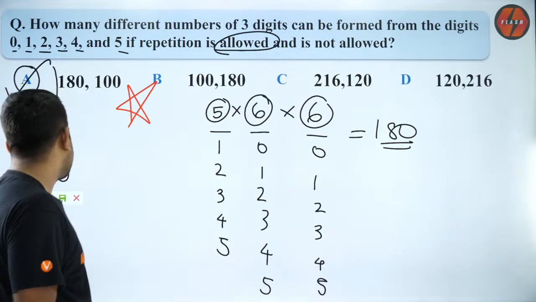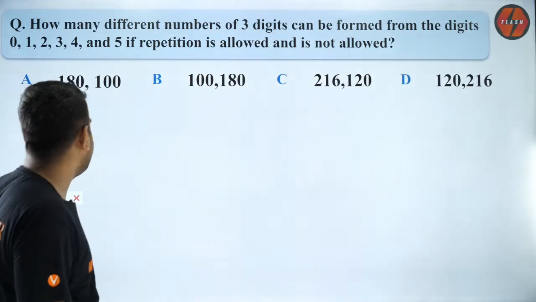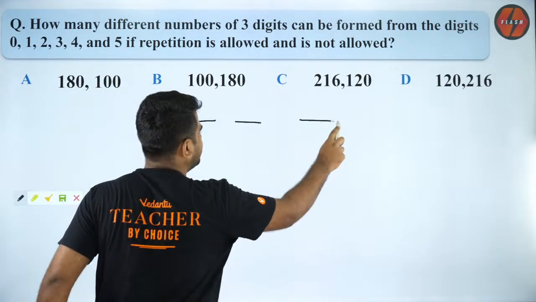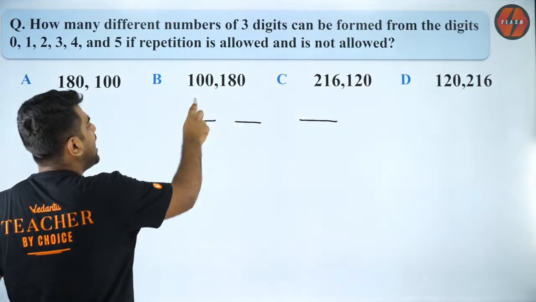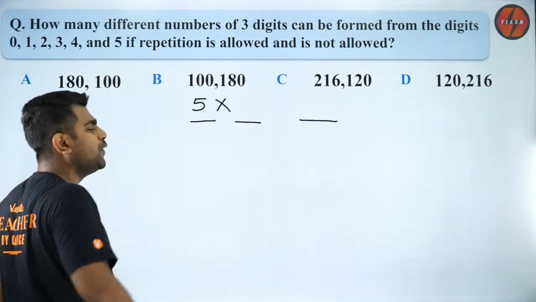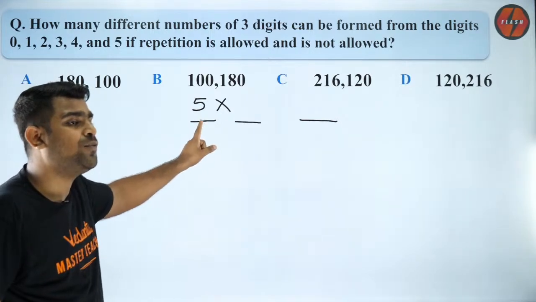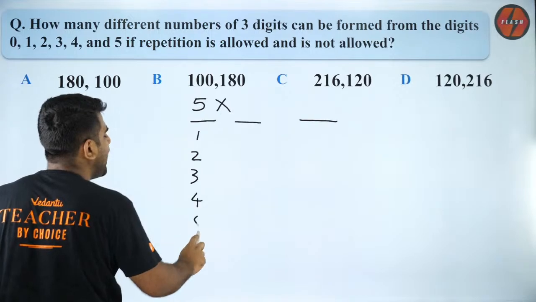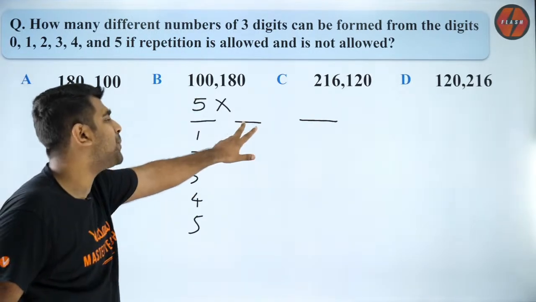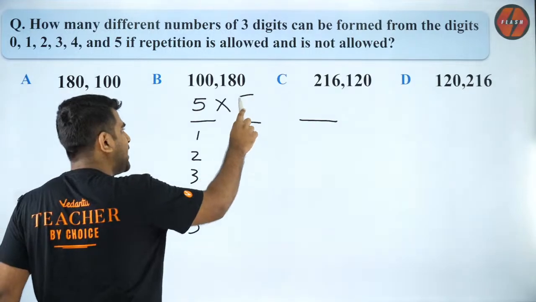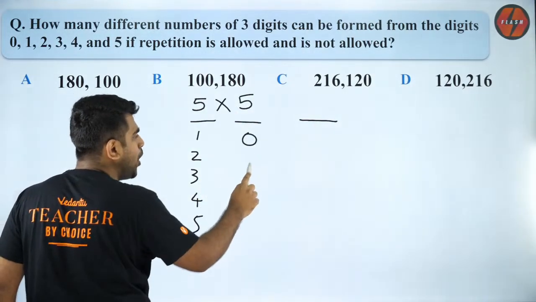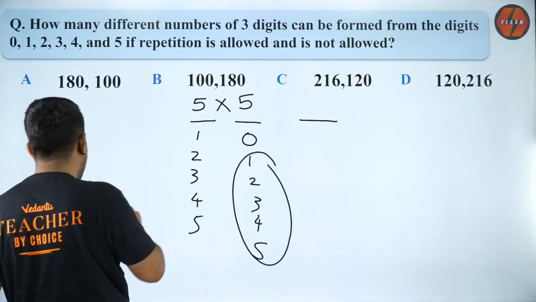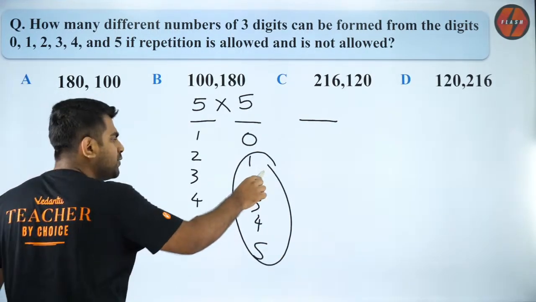We need to find out when repetition is not allowed. Let's say we have the same 3 digits. If repetition is not allowed, again the first place I can fill 5 ways because I have 1, 2, 3, 4, 5. Now the second place I can have only 5 ways, because I have 0, 1, 2, 3, 4, 5, but one of them goes away.